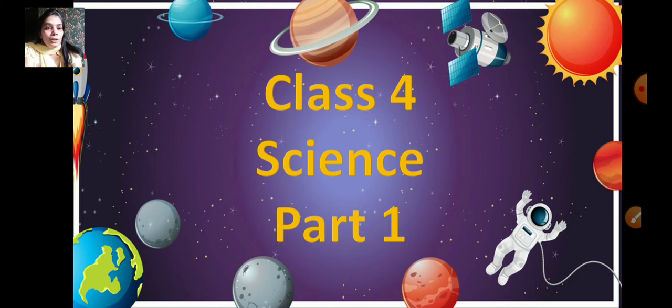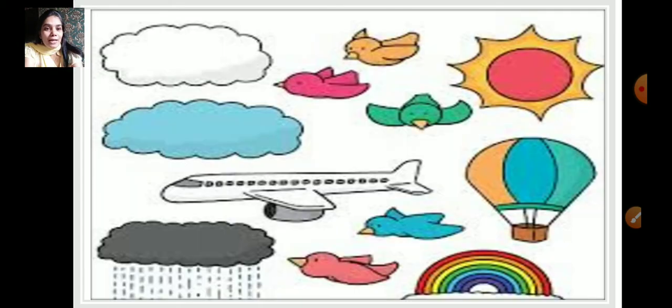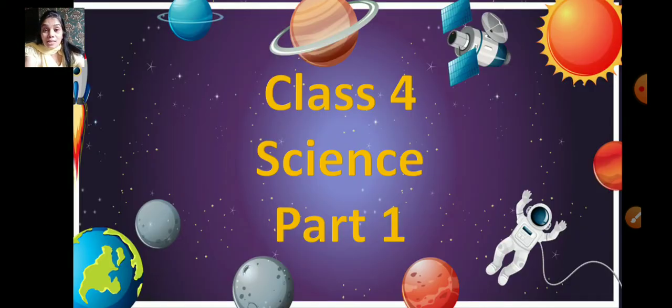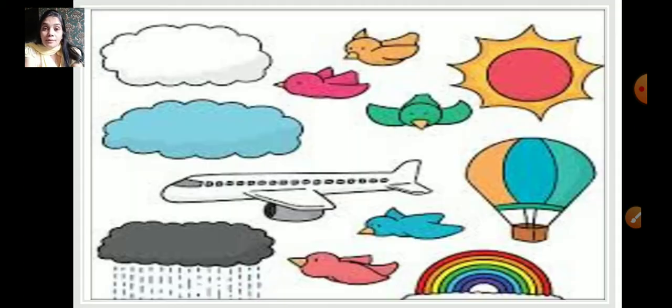Now before we go to space, can you tell me the things we can see in the sky during the daytime? Let me list them out: the birds, clouds, rockets, sun, rainbow, raindrops.